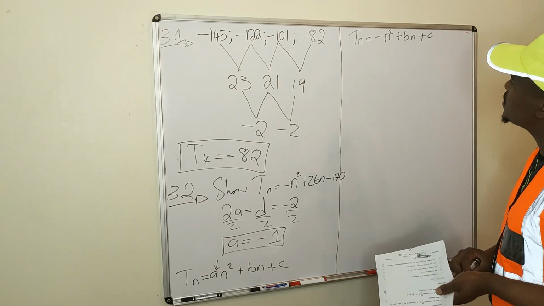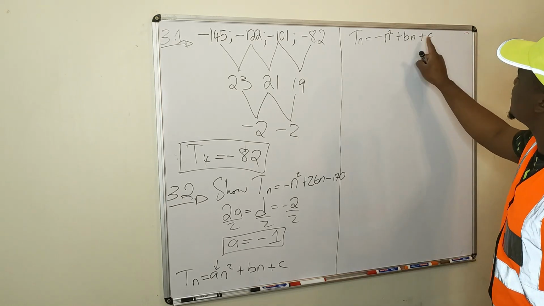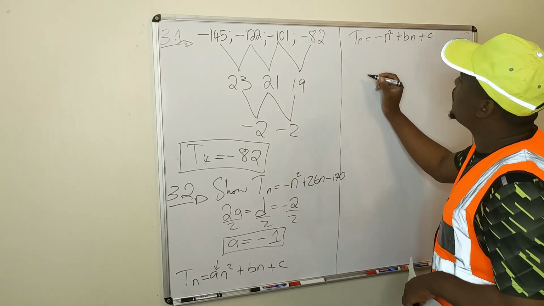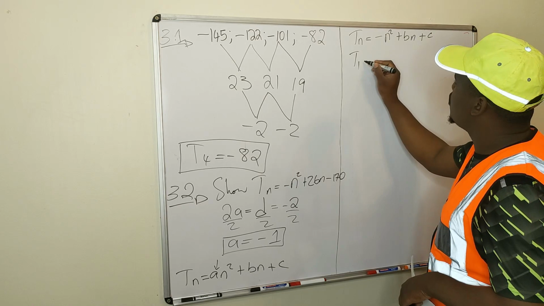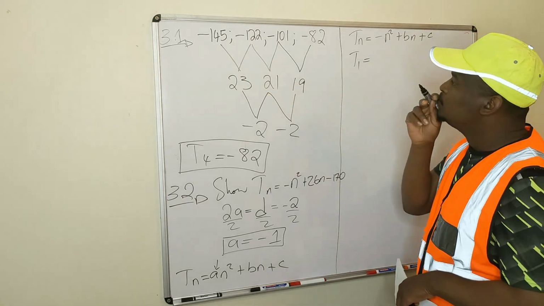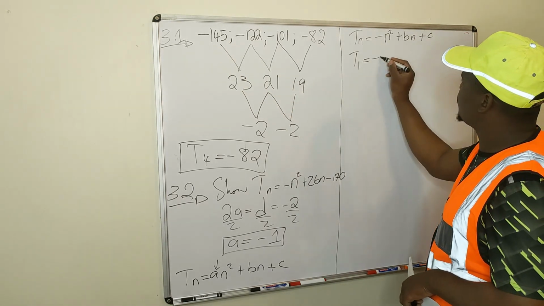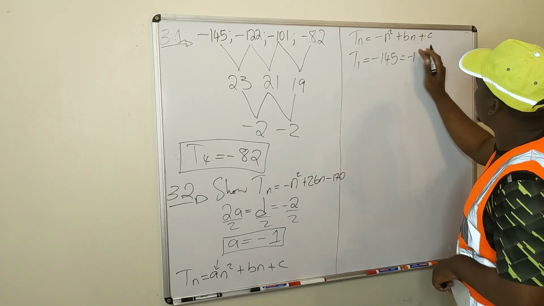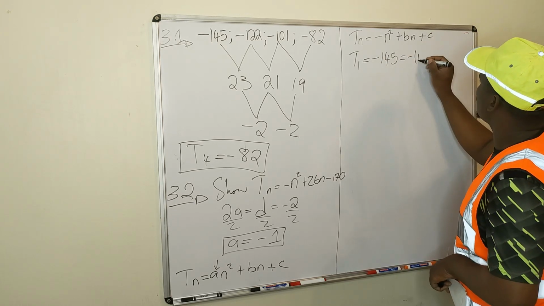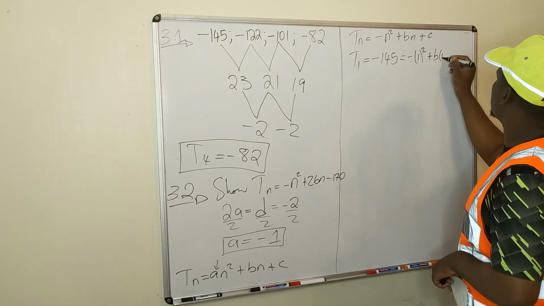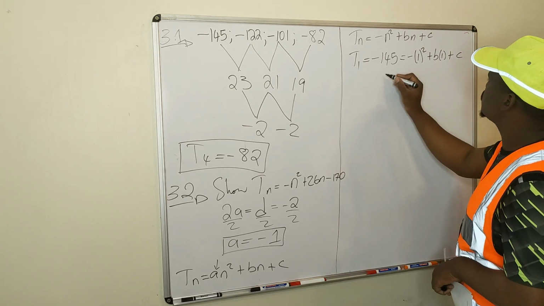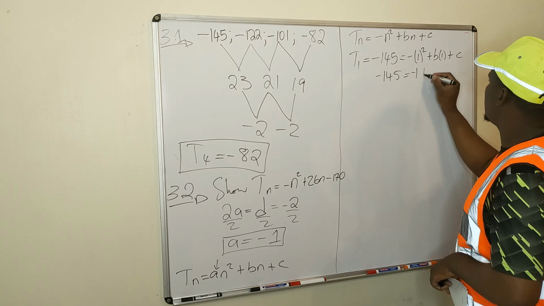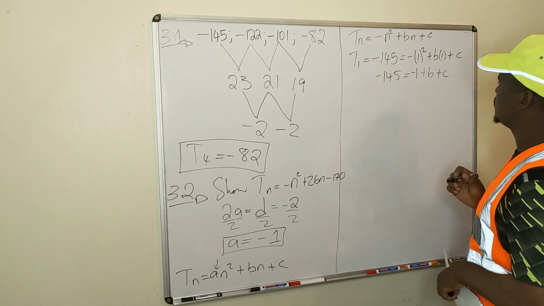So how do we continue? You want b and c now. To find b and c, you say, okay, I have term number 1, T1, which is minus 145. It is obtained by negative 1 squared plus b times 1 plus c. So minus 145 is equal to negative 1 plus b plus c.